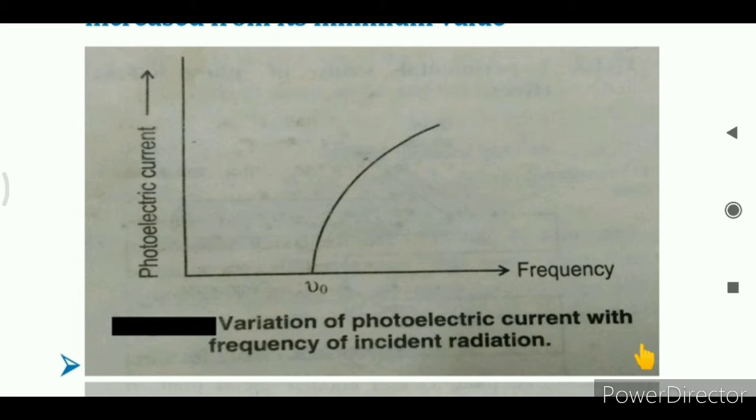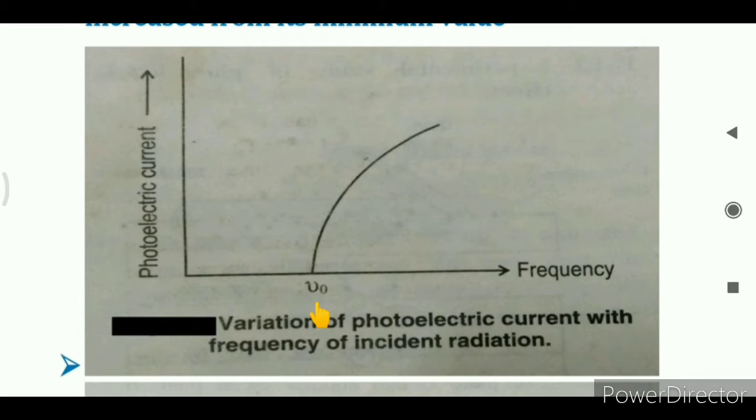Just recall again, the phenomenon of emission of electrons by certain substance or metal when it is exposed to radiations of suitable frequencies is called photoelectric effect. That suitable frequency is nothing but this threshold frequency, below which there is no emission of photoelectrons.